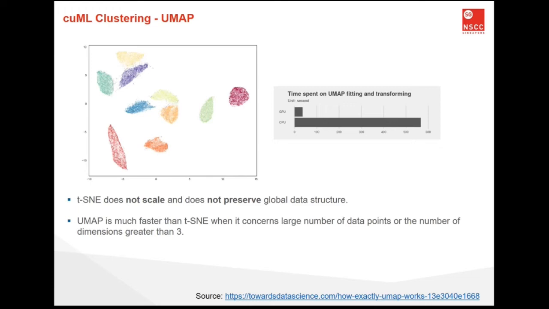Moreover, t-SNE doesn't preserve global data structure, meaning that only within-cluster distances are meaningful, while between-cluster similarities are not guaranteed. Therefore, it is widely acknowledged that clustering on t-SNE is not a very good idea. And UMAP is much faster than t-SNE when it concerns a large number of data points or when the number of data dimensions is greater than 3.